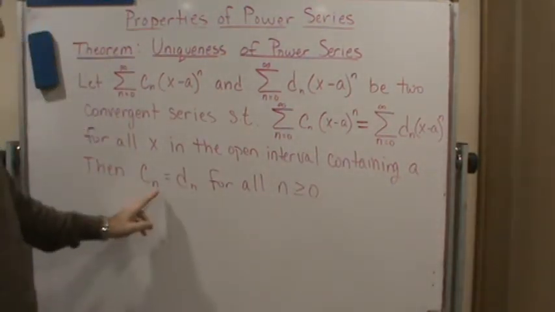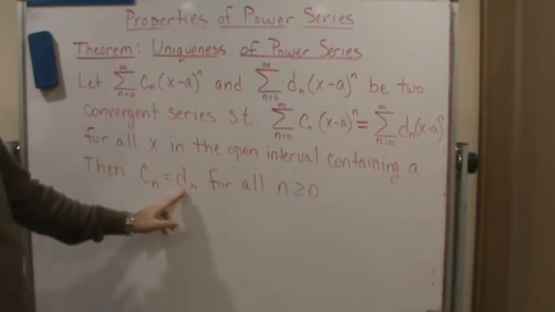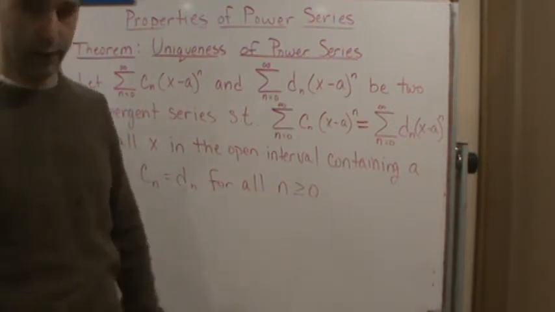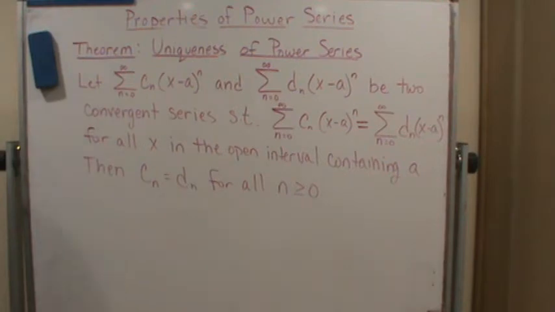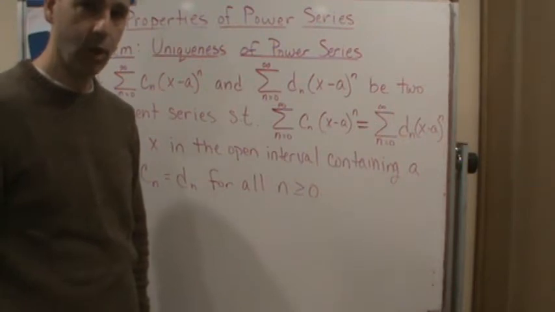Then we say that c sub n equals d sub n for all n greater than or equal to 0. In other words, the coefficients are equal for all values of n greater than or equal to 0. And so what it is saying is that power series representations are unique.